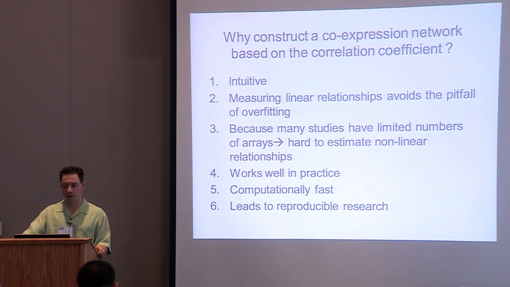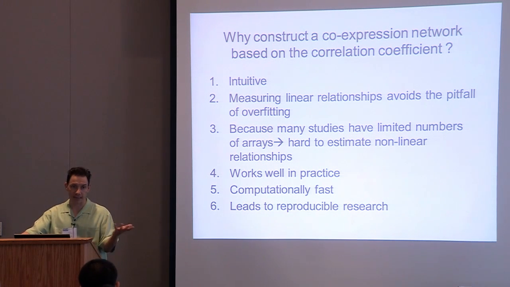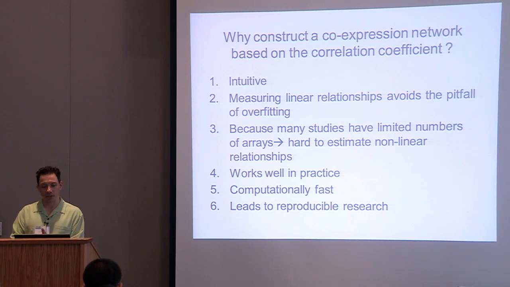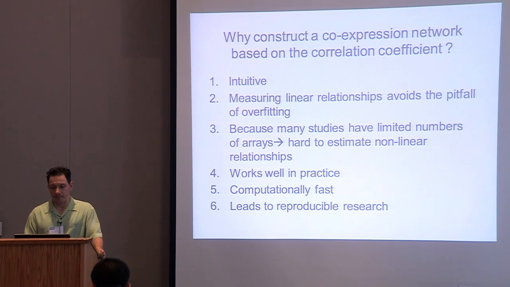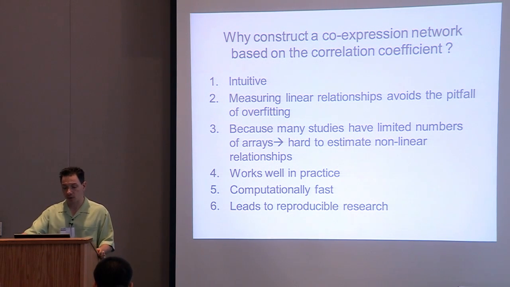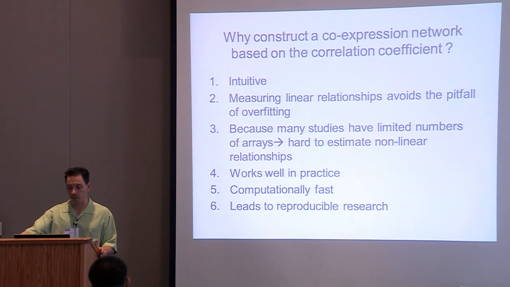And so if you have a relatively small sample size, let's say 20 samples, then focusing on measuring linear relationships avoids the pitfalls of overfitting. Of course, also these correlation networks have performed exceedingly well in practice. They're computationally fast and they lead to reproducible research.